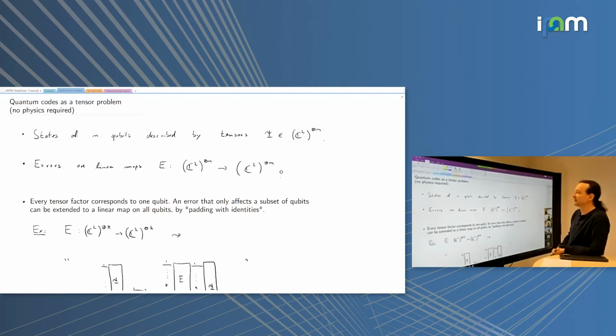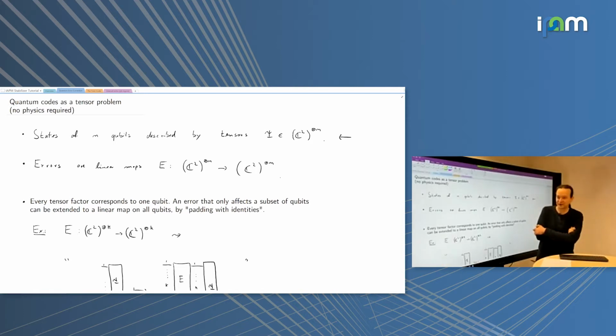Okay, good. So now, right, let's start here. As you have been exposed to in the previous tutorial, it is true that states of n qubits, of n quantum bits, are described by tensors psi, which are elements of C2 to the tensor n. And I promised before I will not require you to know any physics, and I will not actually explain what I mean by this.